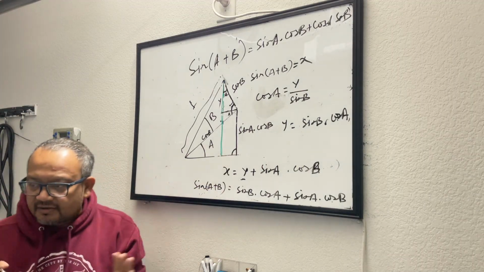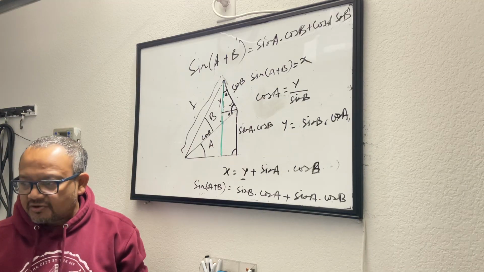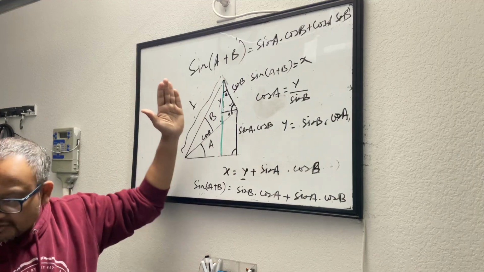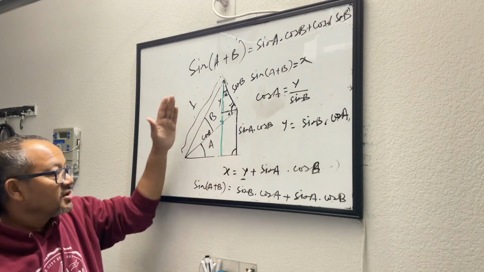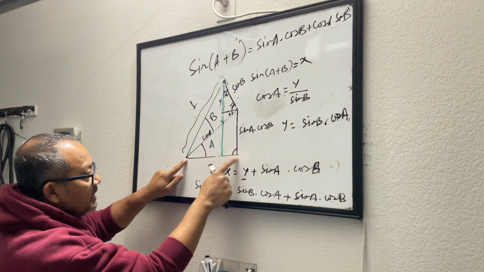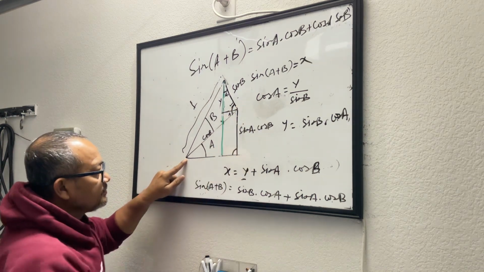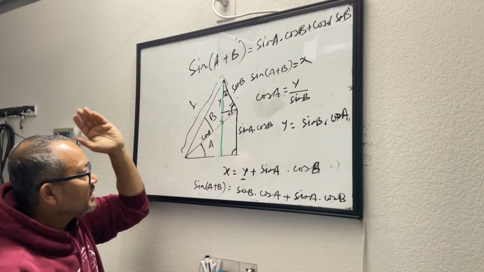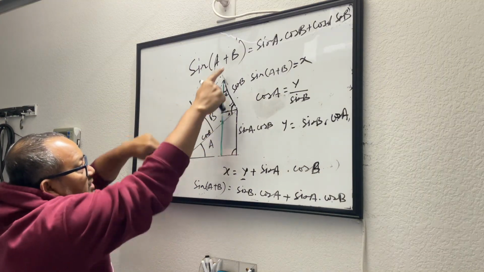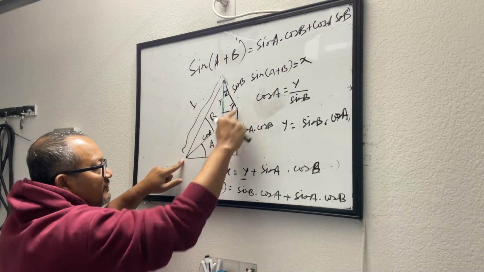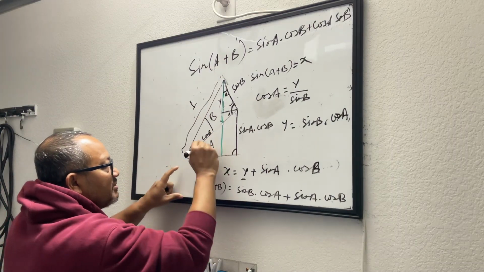So let's see again, a lot of sines and cosines to get you confused, but let's not worry about it. Let's look at the journey, how we have traversed from here to here. We took a line and made an angle A, and on top of this line we made angle B. This is the line making angle B with this line, which I deleted by mistake.